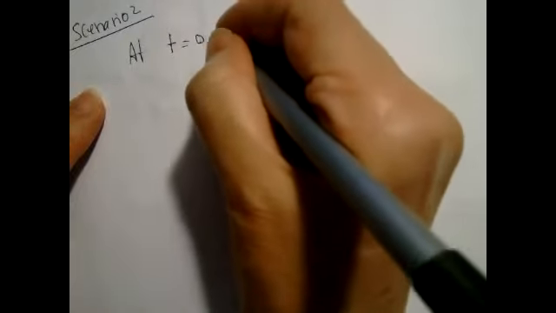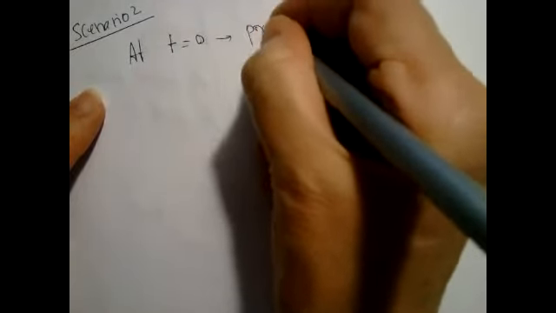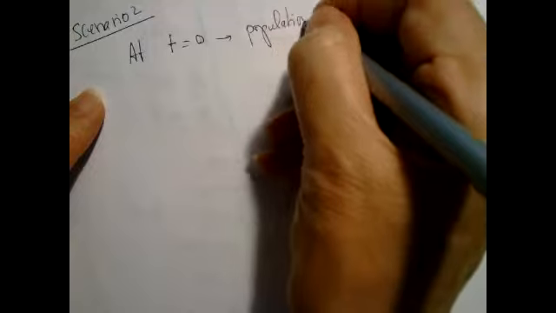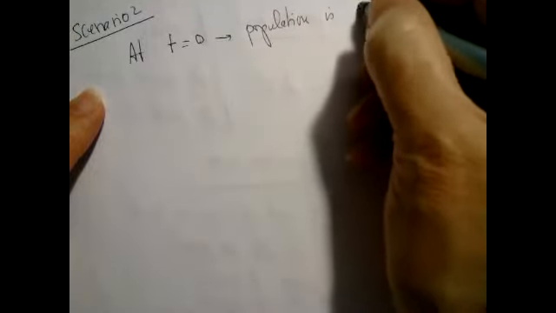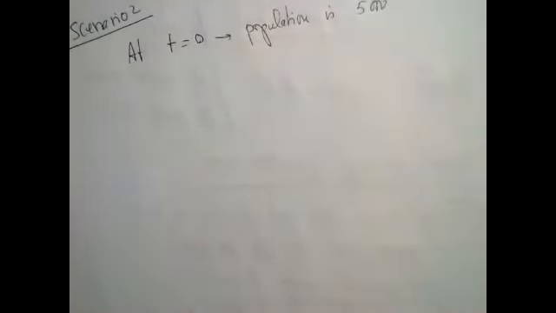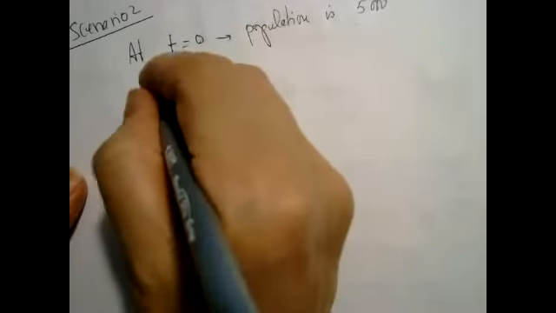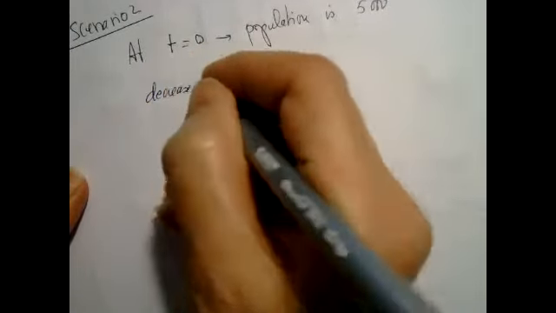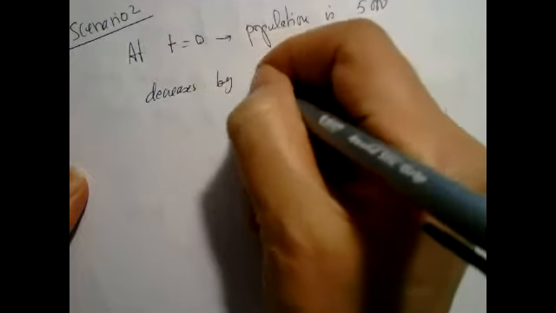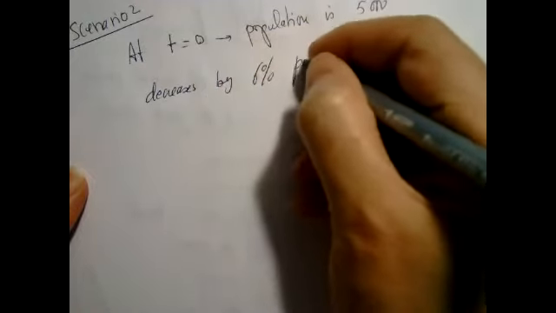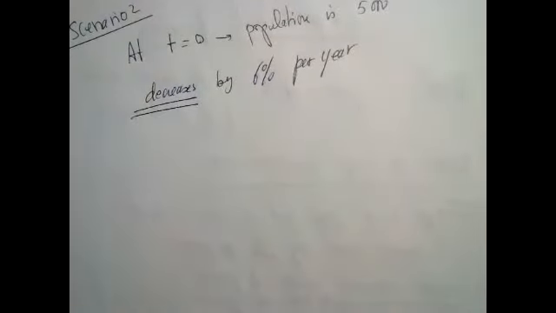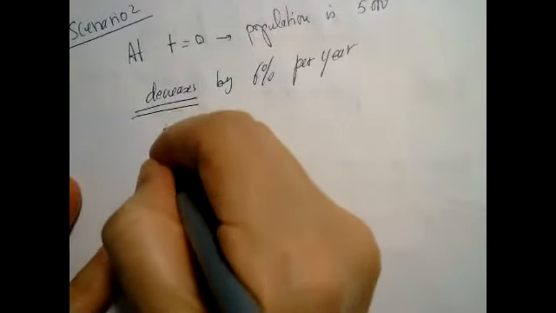Suppose at t equal to 0, the population in a certain fictional town is 5,000, and it decreases by, let us say, 6% per year. It's going down. So what's the formula for the population?